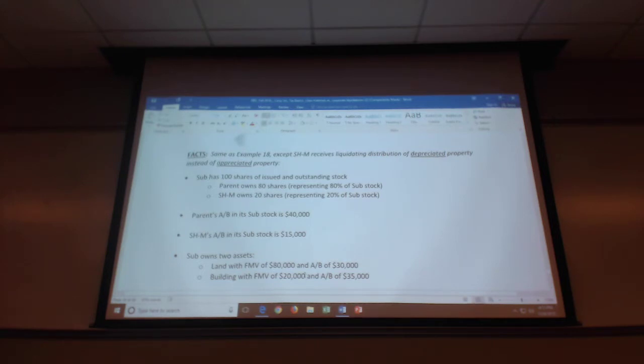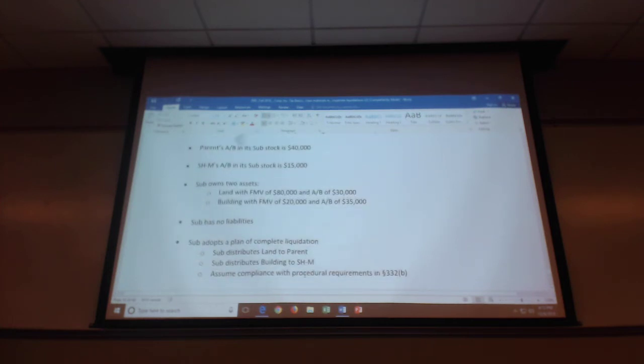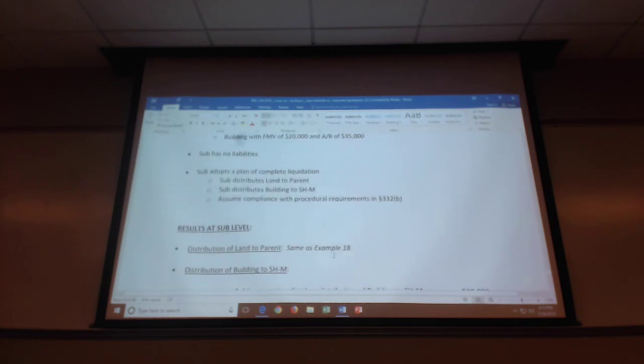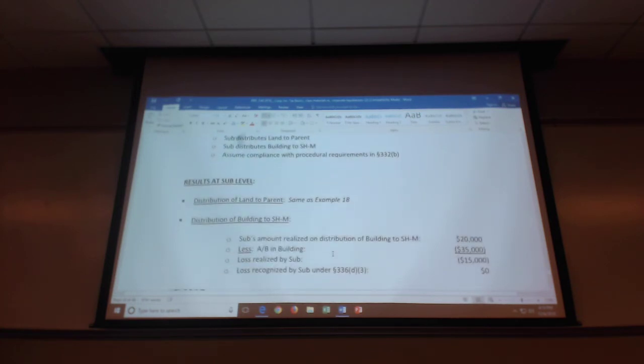And we have 2 shareholders, a parent corporation owning 80%. We assume compliance with the 332 liquidation rules, and we're assuming that the loss asset, the building, is being distributed to the 20% minority shareholder. So what happens here?